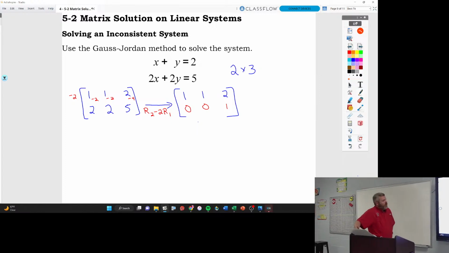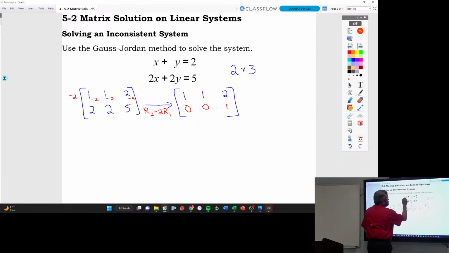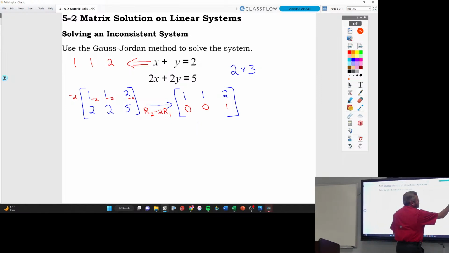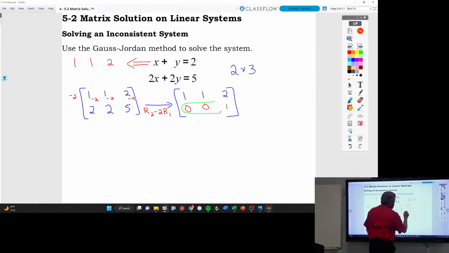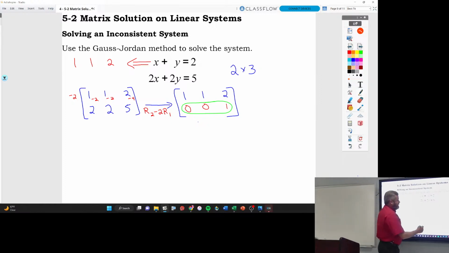Wow. Let's think about that second row. Remember when I wrote x plus y equals 2 in my matrix, I wrote it as 1, 1, 2, right? Because that's 1x plus 1y equals 2. Well, let's take a look at what just happened. When I did my Gauss-Jordan, let's write what this second row means.